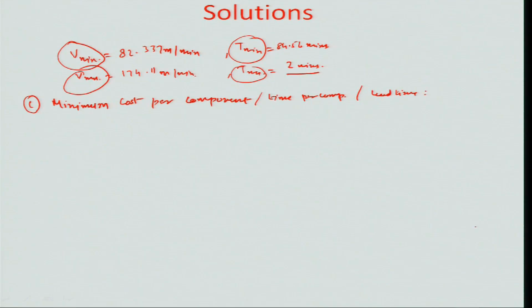So what we first do is to try to find out what is the actual cutting time in this particular case, the TC value, which can be represented as pi LD divided by 1000 V times the feed f, and this is because of the minimum cost.